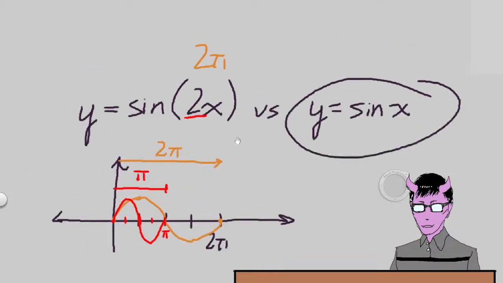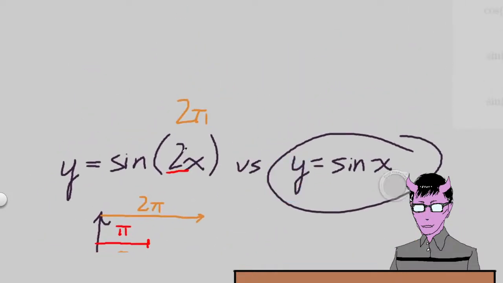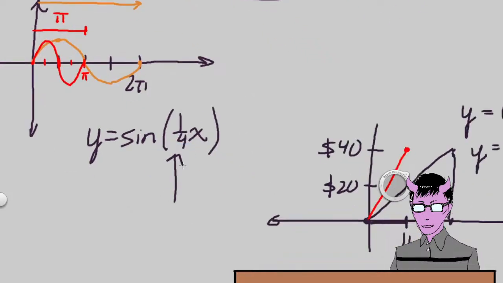So you can imagine what happens if you have a different modifier. Let's say we have 1/4 instead, right? So we're talking about something like y is equal to sine of, in parentheses, 1/4 of the x. So we're now 1/4 as fast as what we try to put in. If you try to put in the full reset of 2 pi for the standard parent function, it gets cut by 1/4.